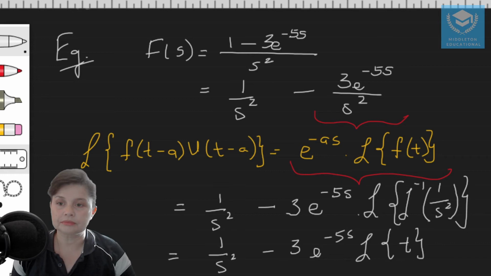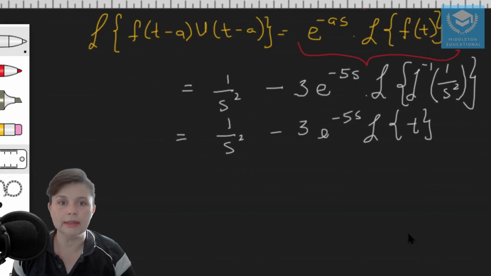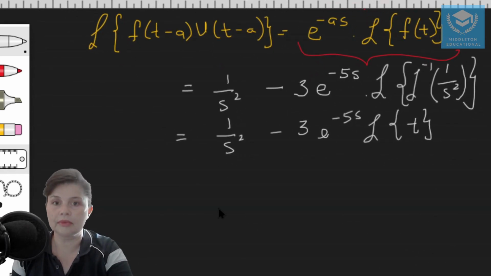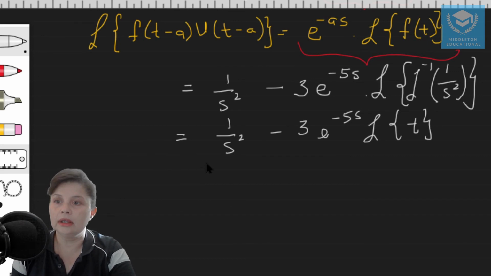Then, let's move this up. Now I can take the inverse transform. So I'll take the inverse transform of f of s.